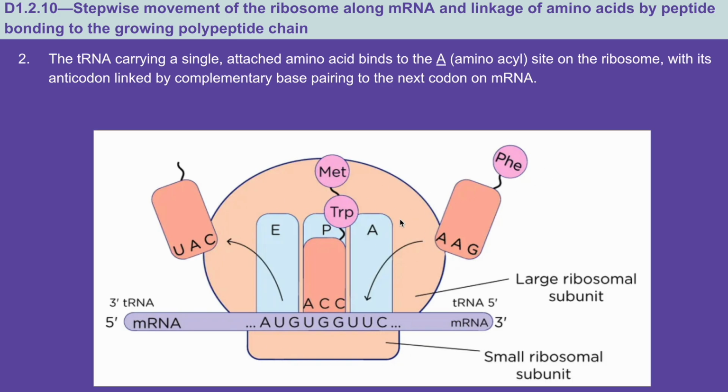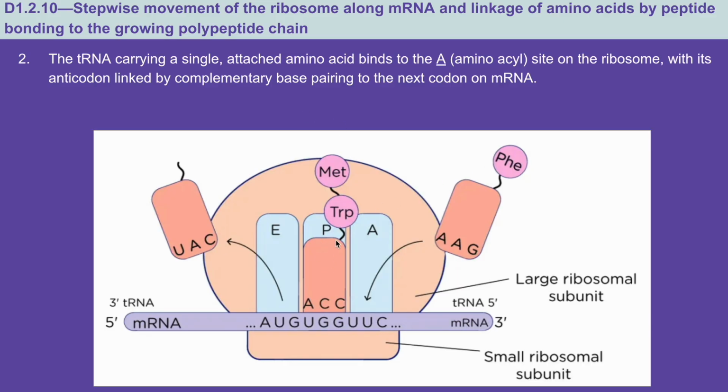So once we have a charged tRNA, it's going to be able to arrive at our ribosome complex, and it is going to move into the first site called the A site conveniently. If the anticodon on this tRNA is complementary to the codon on this mRNA, then those hydrogen bonds will form between complementary base pairs, and this amino acid will then be the next amino acid in this growing polypeptide.